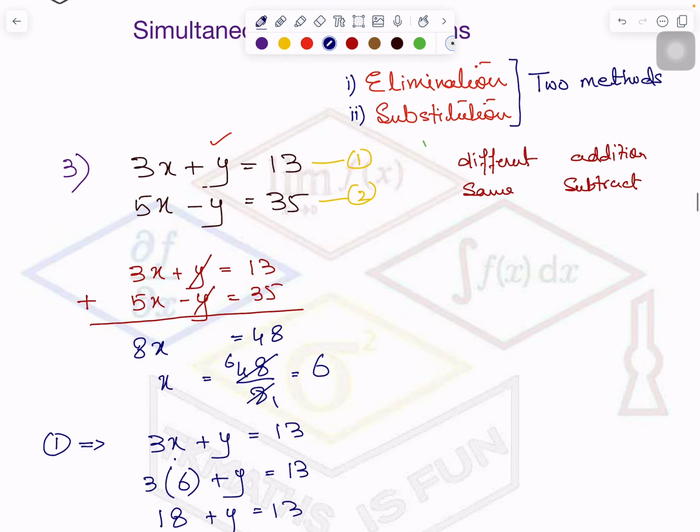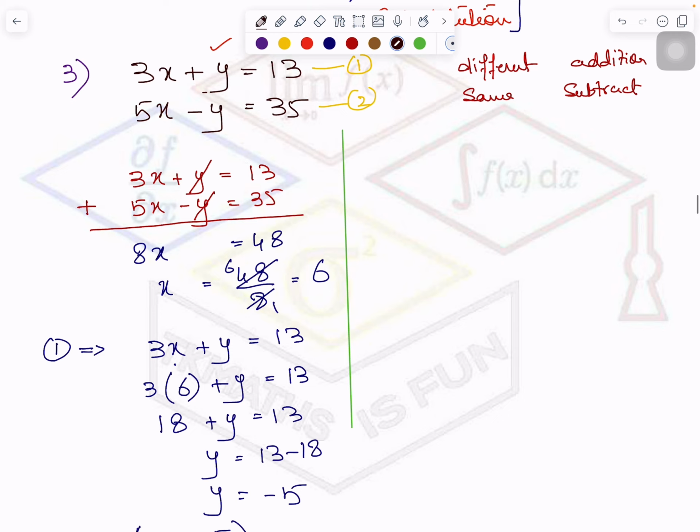I have solved this question by the elimination method. Let me solve the same question by the substitution method also. Okay. So in the substitution method, what do we do? From any of the equations, you make one variable the subject. So for example, if I take equation 1, I'm writing here which equation I'm taking.